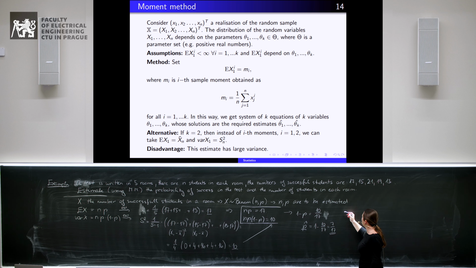And for example, from the first equation, we get n times 7 over 17 is equal to 17, which means that n is equal to 17 times 17 over 7, and it should be approximately 41.3.